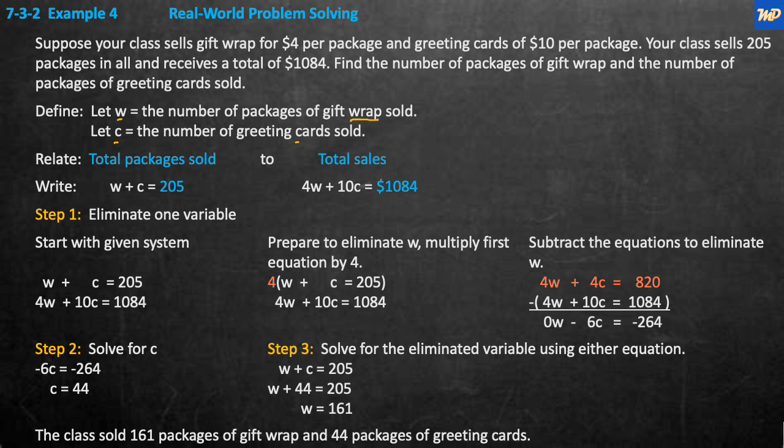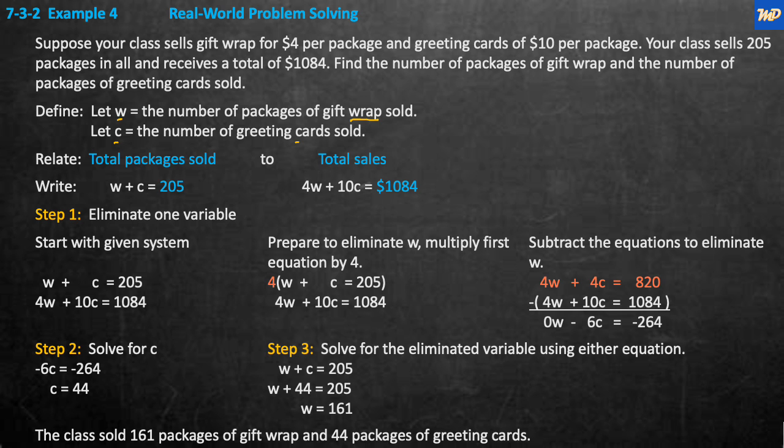Okay? So now that you have that, let's relate some of the words in the definition of the problem, and create some equations from it. Well, what does it say? It says that we have W packages of gift wrap, and C packages of cards. We know how much each is sold for.